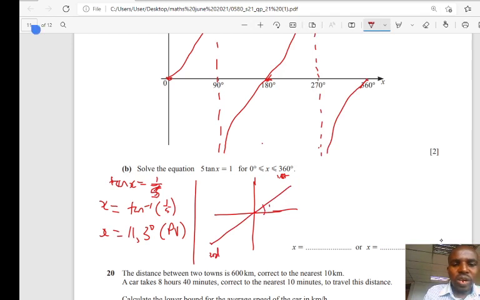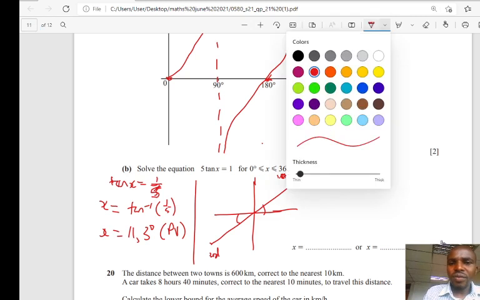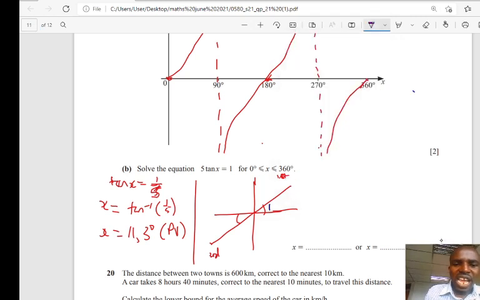You put your angle here, 11.3 degrees. Then you put another angle here. This angle that we found here, that's the PV. That's what we put under those lines.